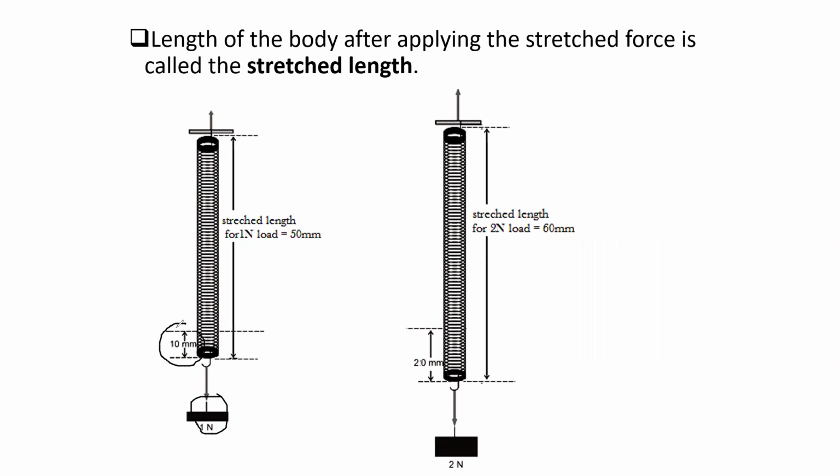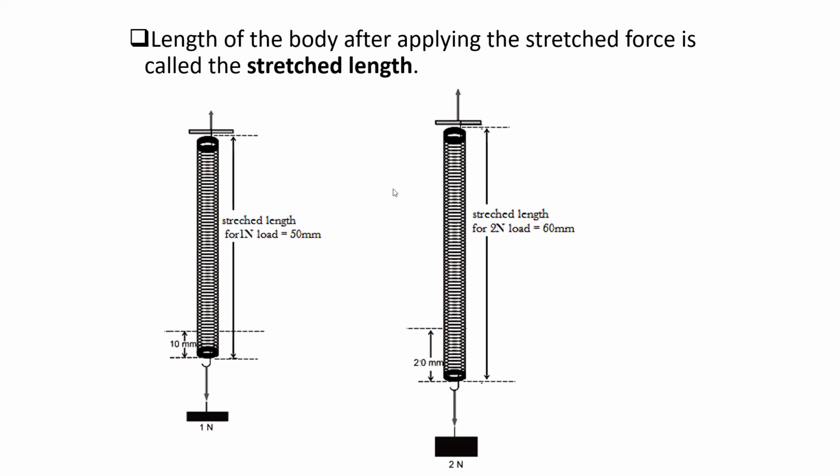Extension was 10. But when we apply a force of 2 Newtons, what is the increase in size? That is 20. So Hooke's law states that when you apply a greater force on the object, it will have a greater extension.